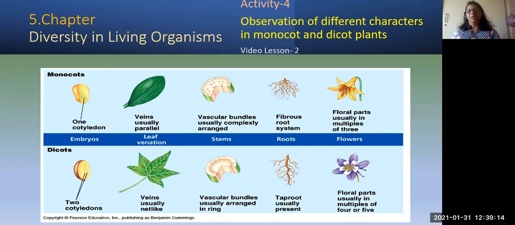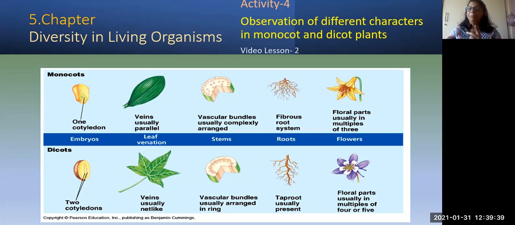Okay, and come to the floral parts. I told you floral parts 1, 2, 3, 4, 5, 6. That means there are six floral parts, usually in multiples of 3: either 3 or 6 or 9, like that. Whereas in dicots, floral parts are usually in multiples of 4 or 5.